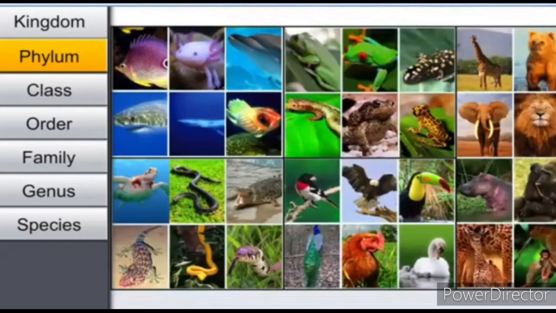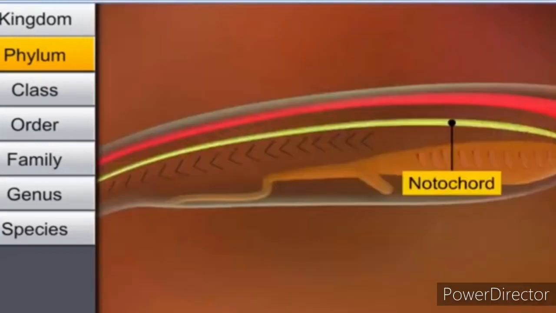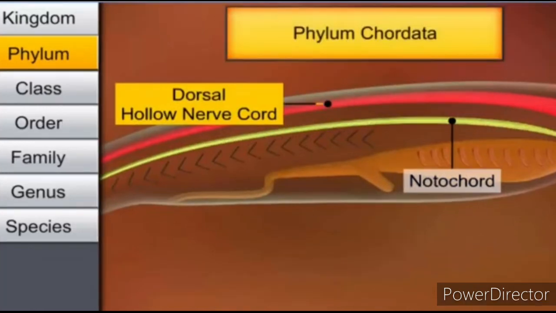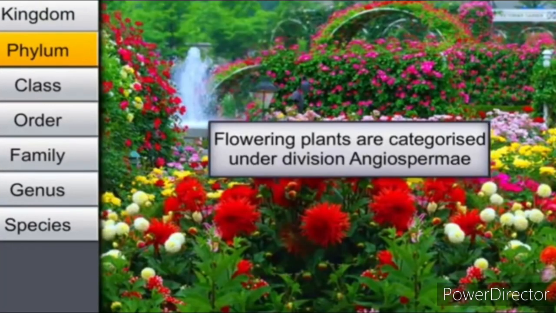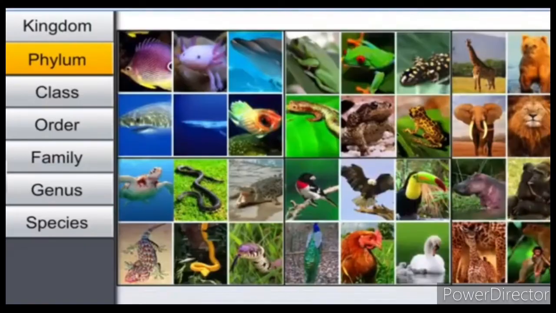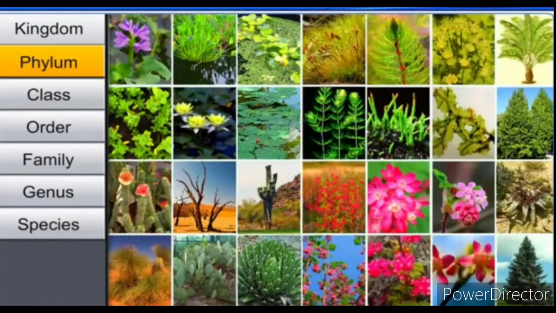All these, based on common features like presence of a notochord and a dorsal hollow neural system, are included in phylum Chordata. In case of plants, classes with a few similar characters are assigned to a higher category called division. For animals it is phylum; for plants it is division.